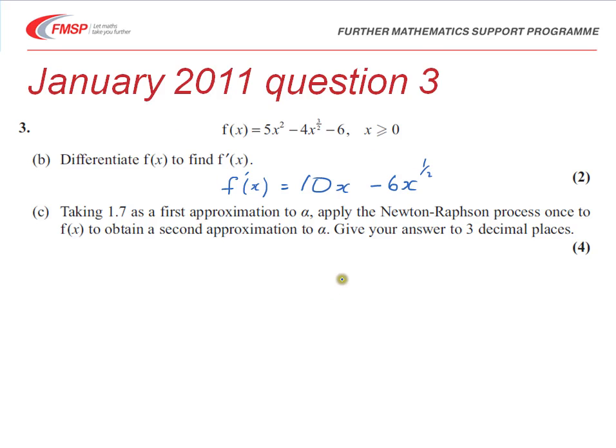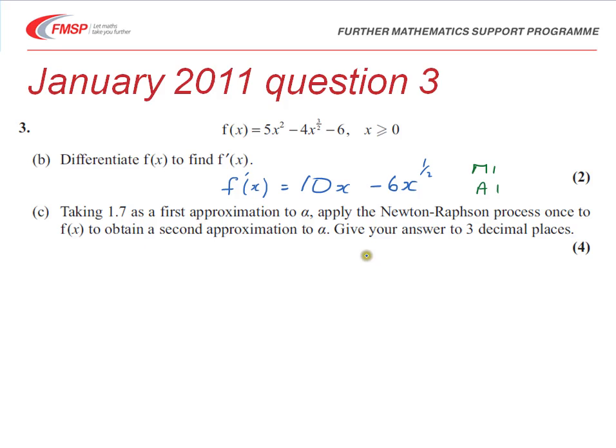The differentiation there gains its marks: simply a method mark for showing that you can differentiate correctly with either of these, and then an accuracy mark for getting the whole thing correct. So this is an M1 mark and an accuracy mark here. The Newton-Raphson method then, so we can quote.